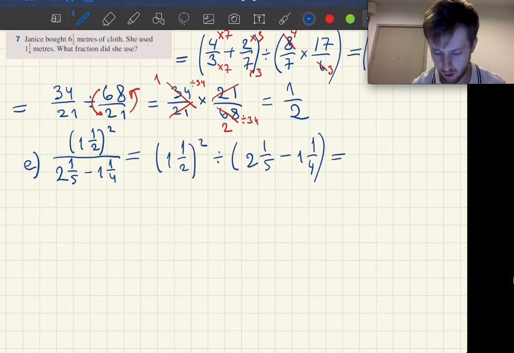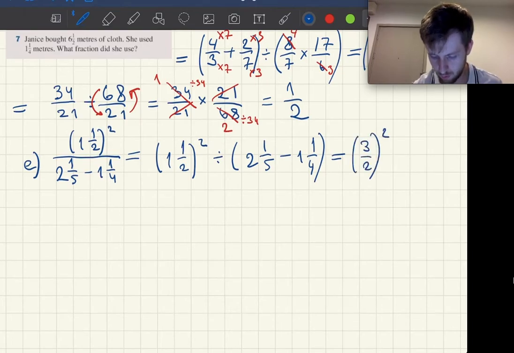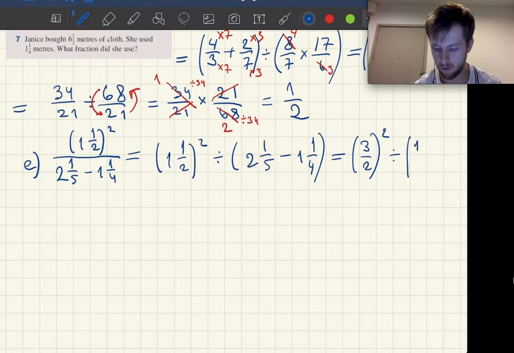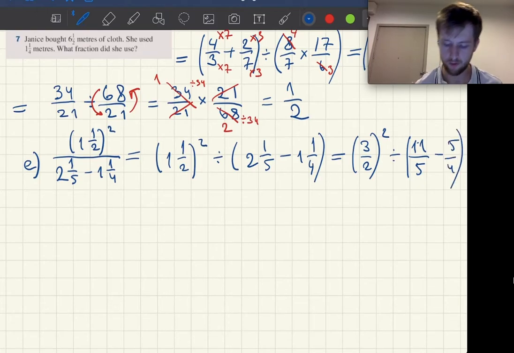Let's do it. So we're gonna have 3 over 2 to power 2 divided by, and then we have 2 times 5. 2 times 5 is 10, plus 1 is 11, so it's 11 over 5 minus 5 over 4, like this.